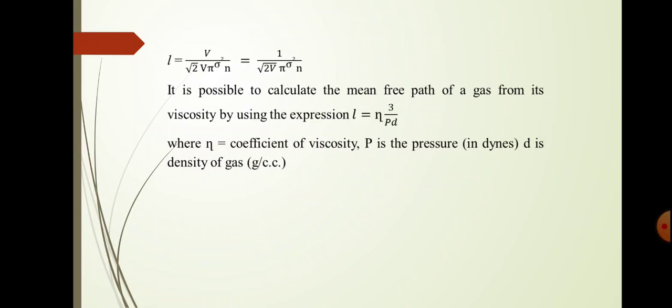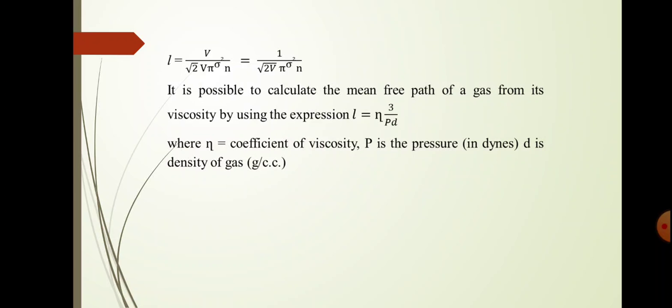It is possible to calculate the mean free path of a gas from its viscosity by using the expression L is equal to eta into 3 upon P d, where eta is the coefficient of viscosity, P is the pressure in dynes, and d is the density of a gas in gram per cc.